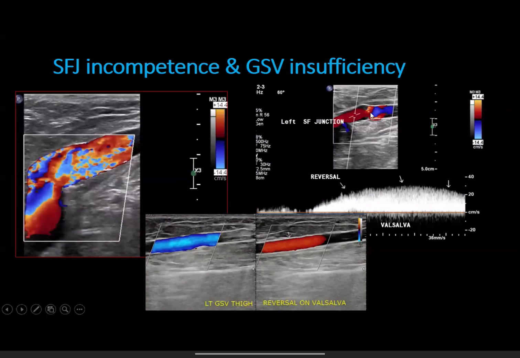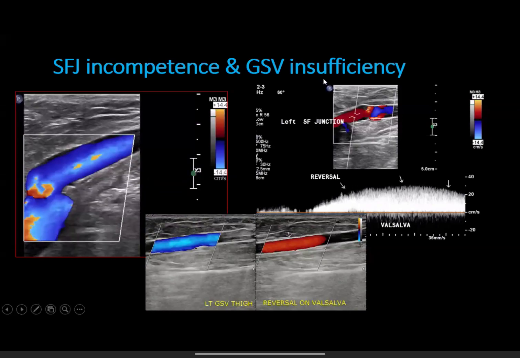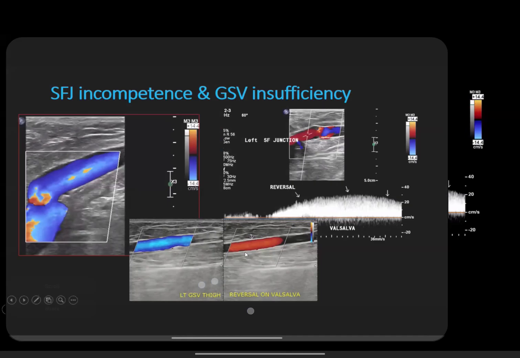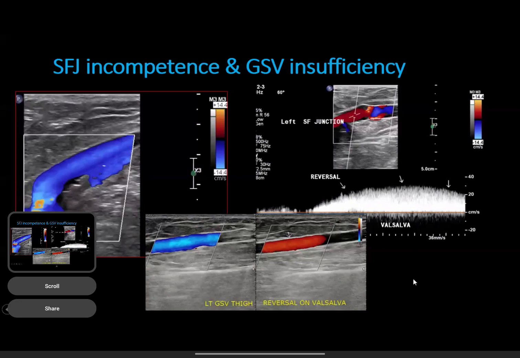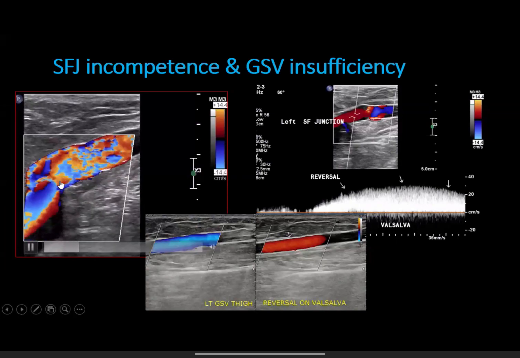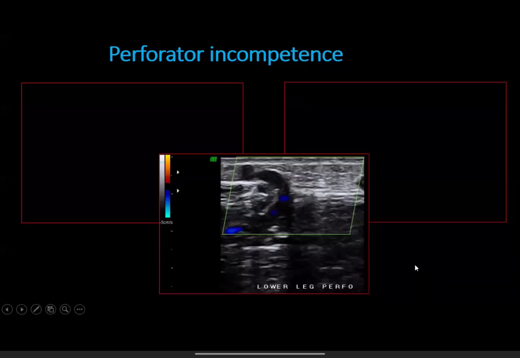When we perform spectral analysis, we see significant flow reversal. Then we come to the great saphenous vein. This is the normal antegrade flow. And this is the flow reversal on Valsalva in the great saphenous vein. This indicates incompetent saphenofemoral junction and insufficiency of the great saphenous vein.